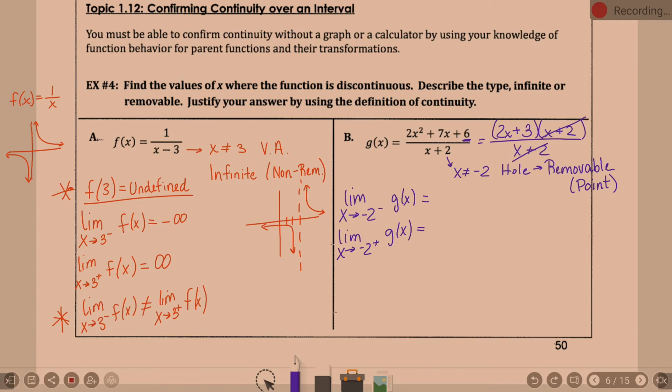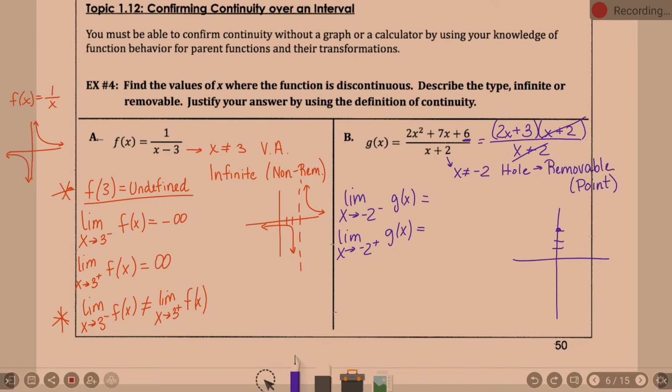And now, do you guys know how to graph this? It's somewhat. Yeah. This is a very easy graph. These x plus 2's canceled, yes? What is this then? It's a line. It's just a line. It's a line that's going to have what? A hole at negative 2. So right here, here's my y-intercept.